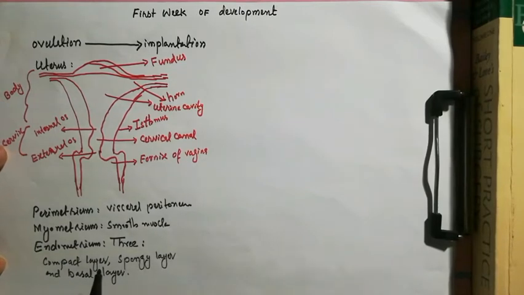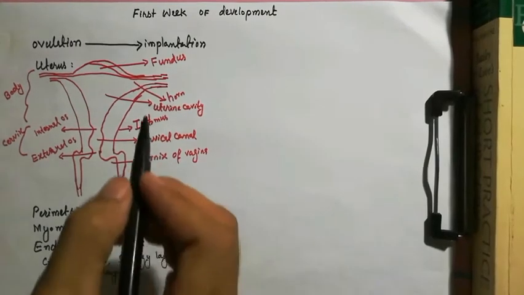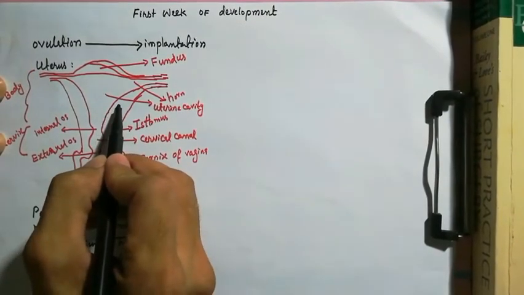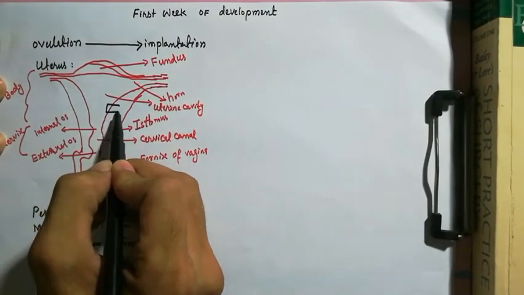These 3 layers can be distinguished on microscope. First, let me make diagram. Suppose I am showing you magnified view of this part of uterus.